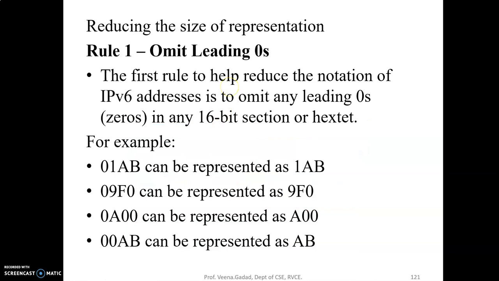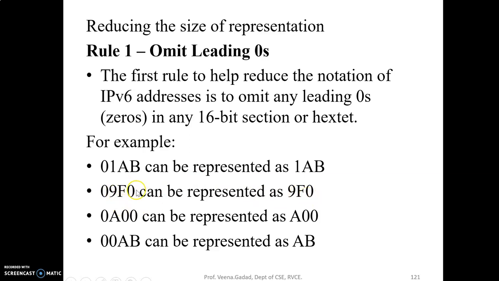Now there is some compression possible with your IPv6 addresses based on rules. Rule number 1 is that we can omit the leading zeros. So if you have an address like 01AB, you can represent it as 1AB, or if you have 09F0, you can represent it as 9F0.